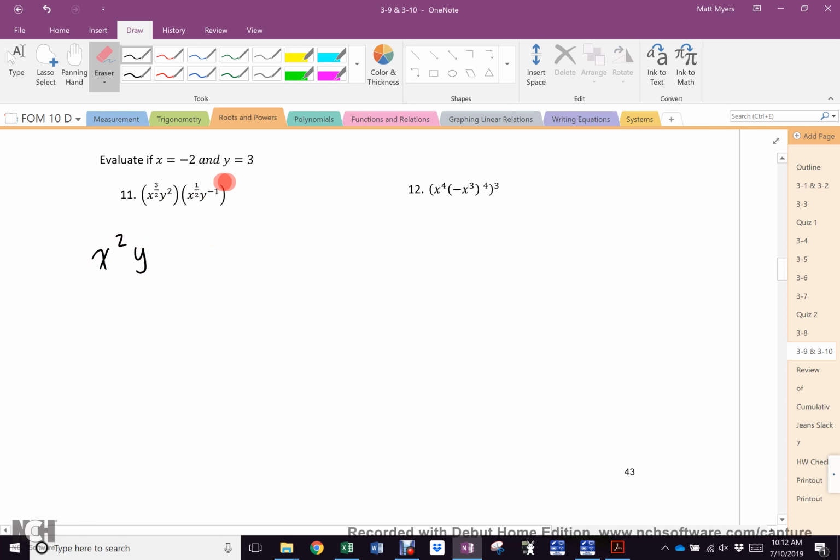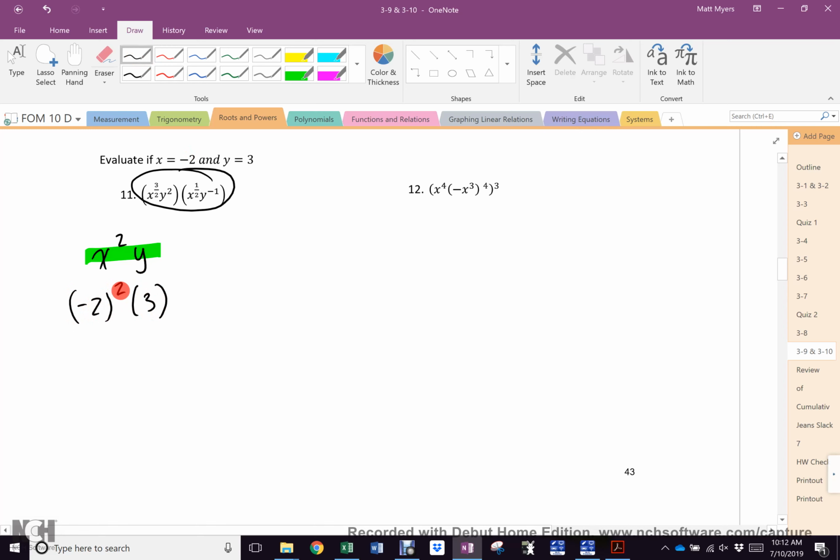Now, what would you rather put -2 and 3 into? This or that? The green one or the circled one? The green one. Simplify first. X is -2. -2 squared. And y is 3.